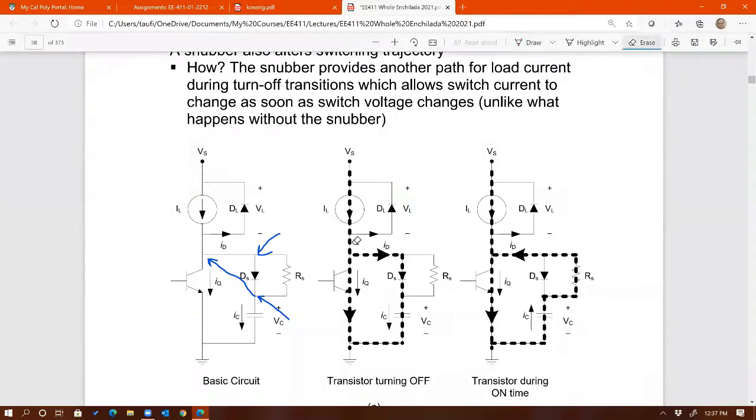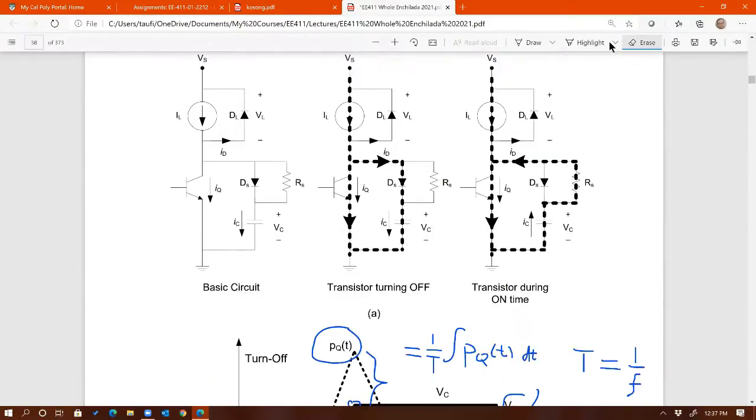Let me erase some of these. Here's our snubber circuit. As we are turning off the switch, we are charging this capacitor, and as you know, capacitor stores energy. And this energy has to be released at some point of time.